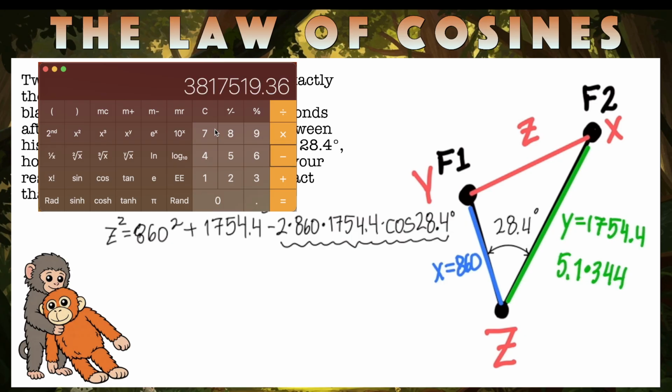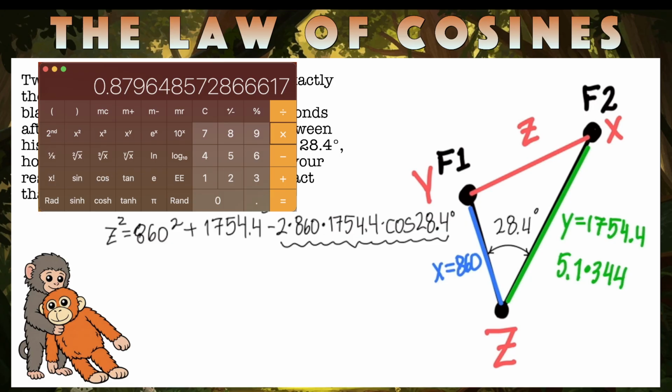minus, oh god, I hate doing this. This kind of calculator kills me. I'm going to put parentheses around it. 2 times 860 times 1754.4 times. On this calculator, I do 28.4 cosine.